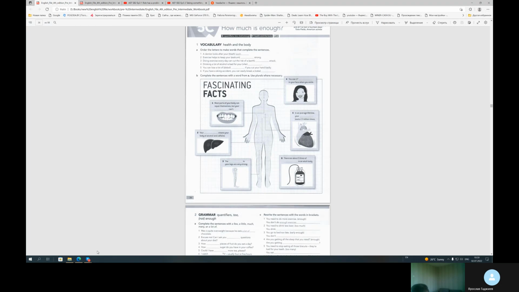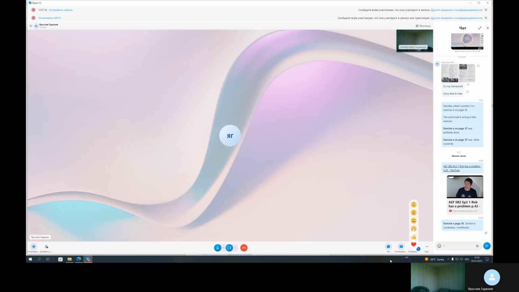Exercise B, page 36. Vocabulary workbook.